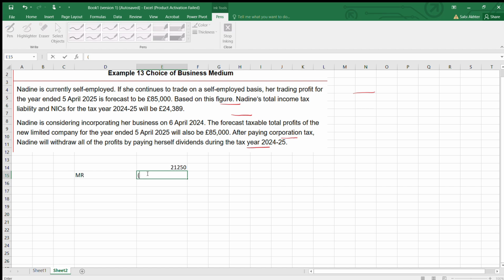So now it will be 250, the upper limit, minus your TTP, 85,000, into the standard fraction 3 divided by 200, 2475. So you have to deduct this from this, your marginal relief. So your corporation tax is 18,775.